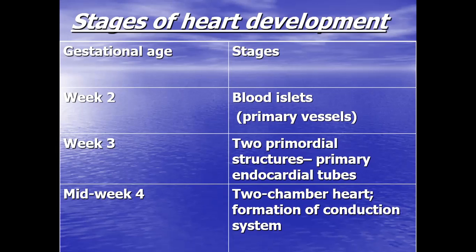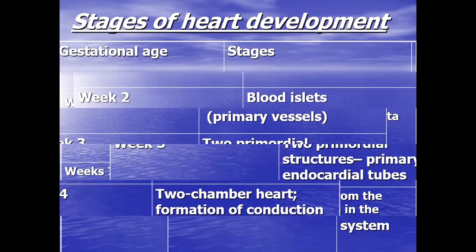The part of the heart between the atrium and the ventricle narrows, initiating the formation of the atrioventricular orifice. In the middle of the 4th week, 2 primordial chambers of the heart are generated.